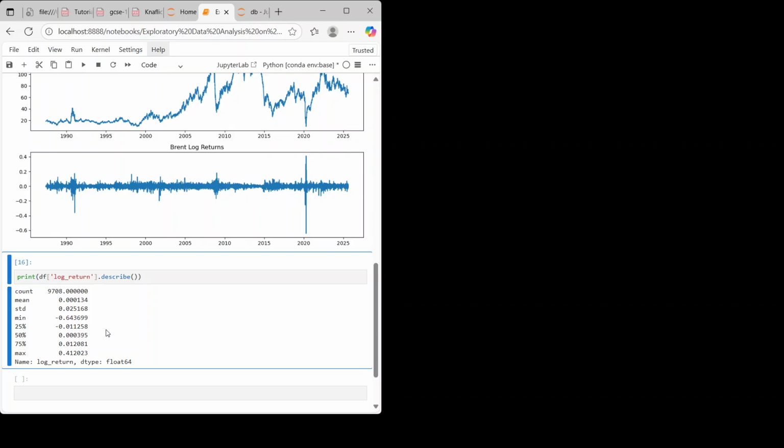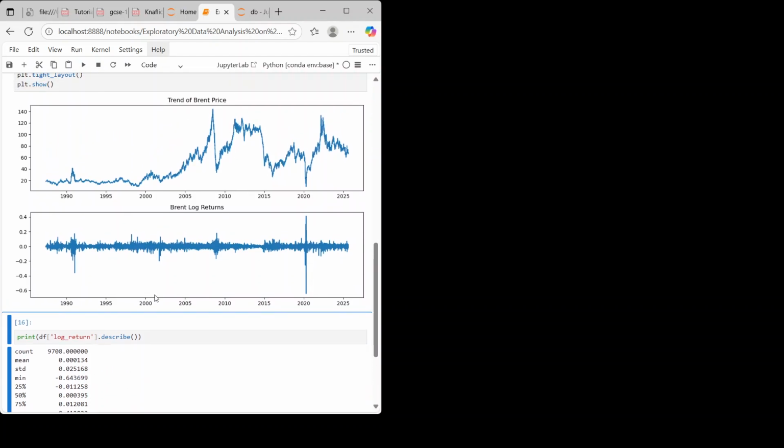So this 64% is tied to a major market event, and this 64% could be lower, but it's 64%, which is very high.